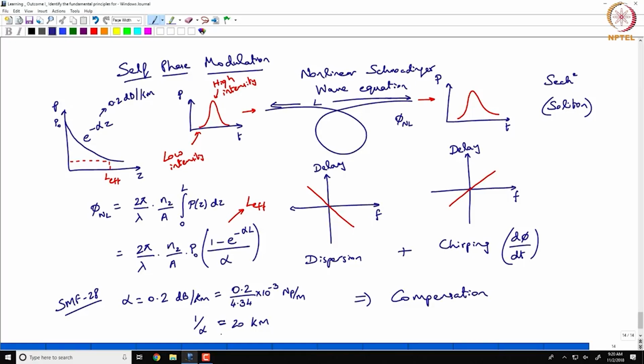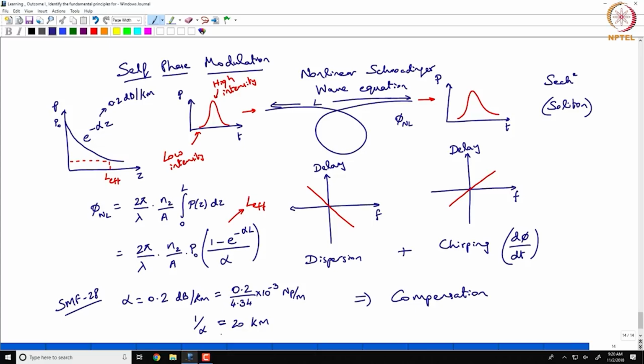You understand this? So that's what we mean by the effective length. The physical length can be greater than 20 kilometers, but as far as figuring out the nonlinear phase that's accumulated due to the Kerr effect, you have to take only L effective.